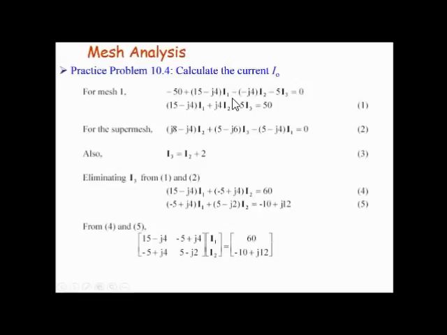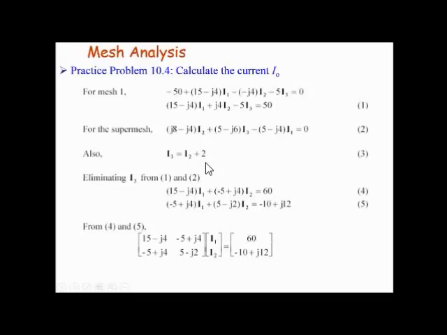Now for the supermesh, that is the bigger mesh, we can write the equation as j8 minus j4 into I2 plus 5 minus j6 into I3 minus 5 minus j4 into I1 equals 0. Also from the circuit diagram we can see I3 is equal to I2 plus 2.